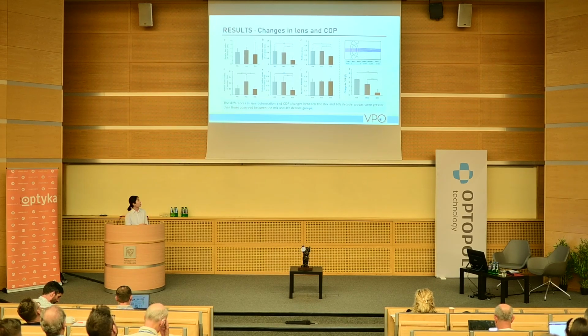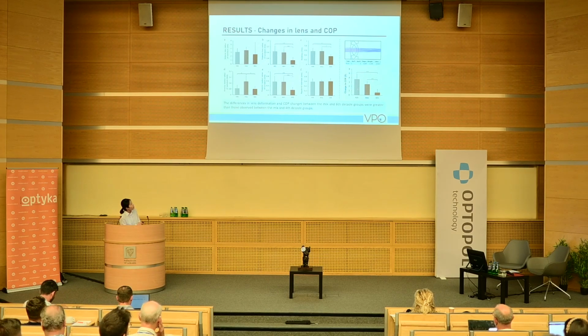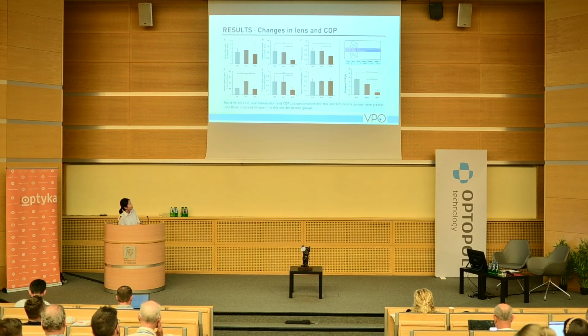And the change in COP was not statistically different between the groups with similar material properties but different lens shapes. The COP change in the former group was about 1.4 times greater than the mixed group. This indicates that the lens geometry is also involved in the accommodative decline.